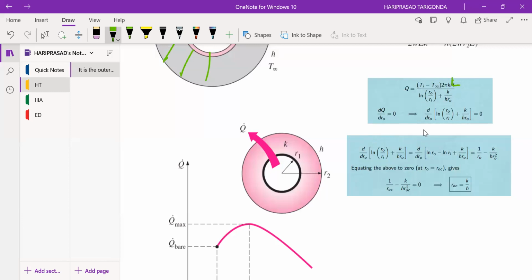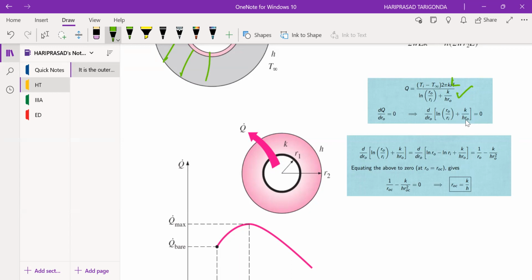When the denominator is minimum, its first derivative is equal to 0. So now differentiate the denominator with respect to R naught or R2, both are the same: d by dR naught of [ln of R naught by R1, or R2 by R1, plus K by h R naught] is equal to 0.